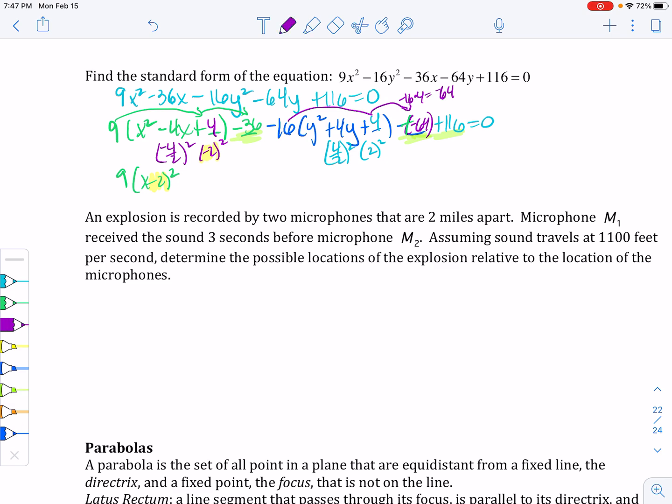I'm just going to change that so it looks more like a 4 instead of a 9. And then the negative 16, I'm going to keep that out. And then y plus 2 quantity squared. Remember, again, it's the thing before you square it, or you're factoring this, so what multiplies to 4 and adds to 4, so that's 2 and 2. And then we've got negative 36 plus 64 plus 116.